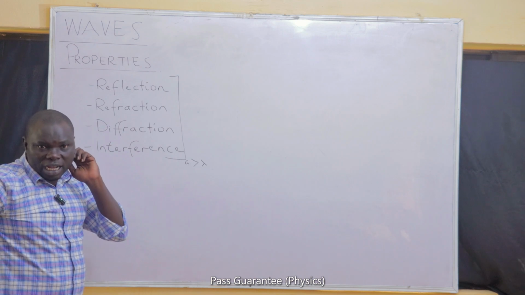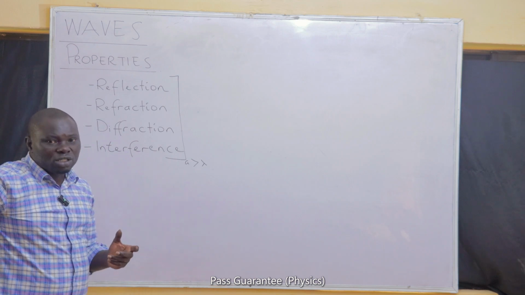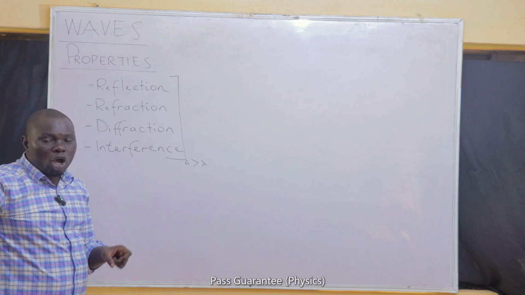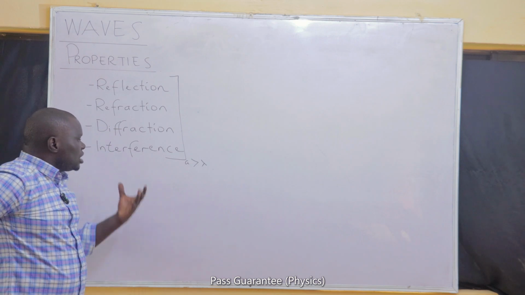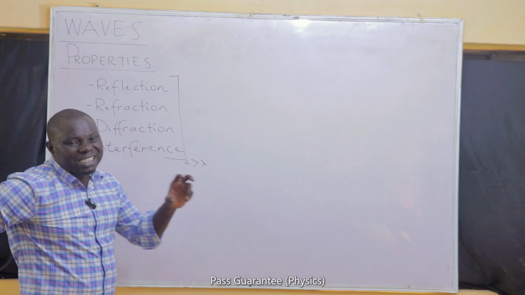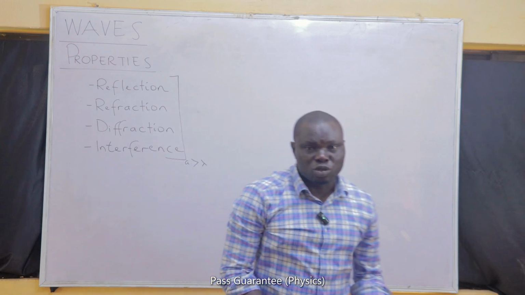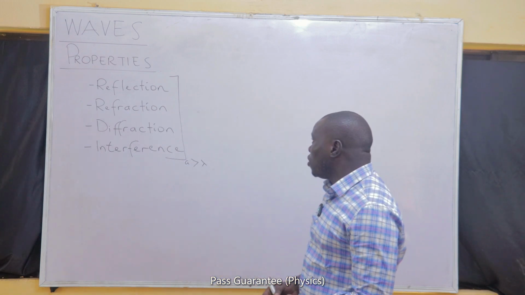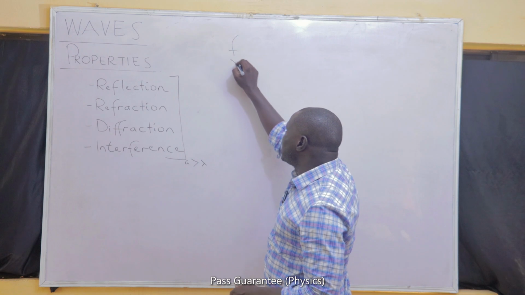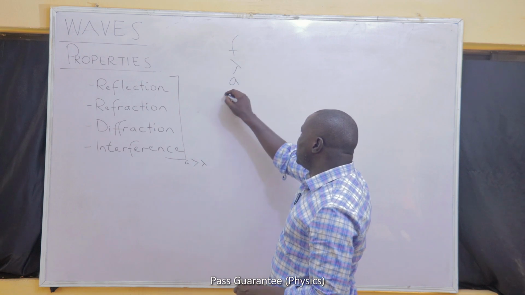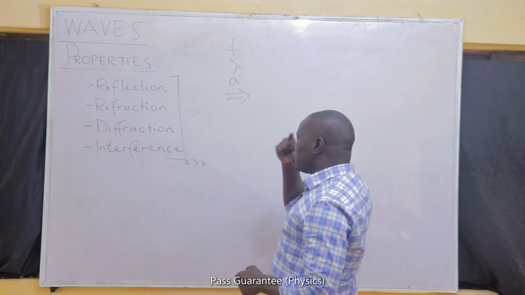In polarization, the two waves must be traveling in opposite directions. In interference, the two waves must be traveling in the same direction.